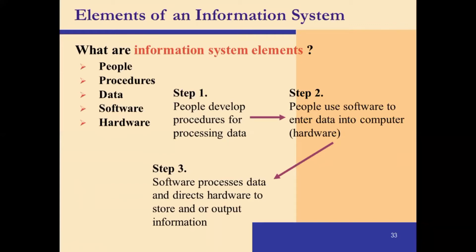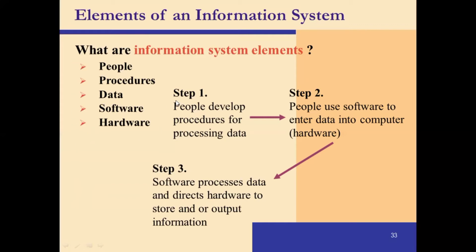The main components or elements of an information system are people, procedures, data, software, and hardware.